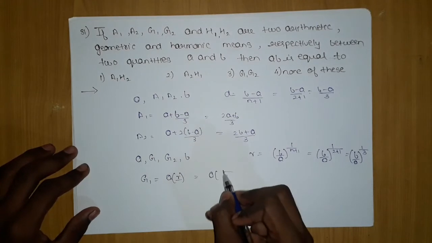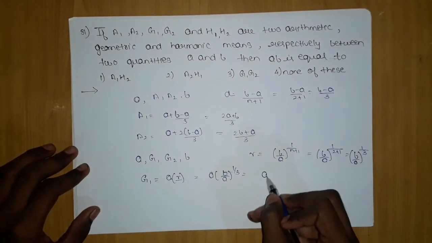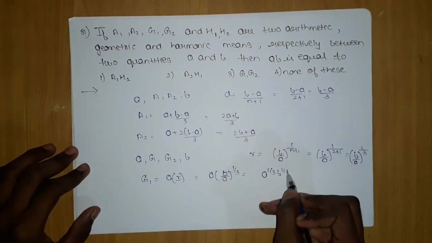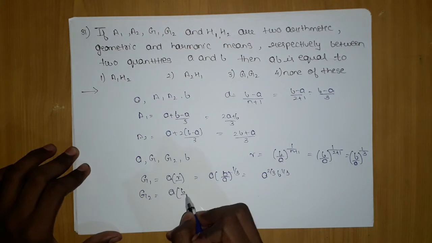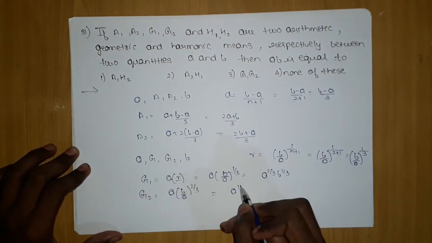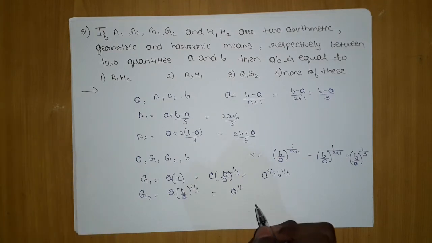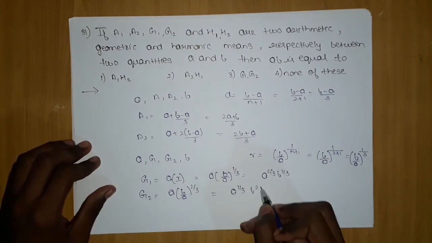So a into b by a power 1 by 3 will give me a power 2 by 3 into b power 1 by 3. G2 will be a into b by a power 2 by 3, which will give me a power 1 by 3 into b power 2 by 3.